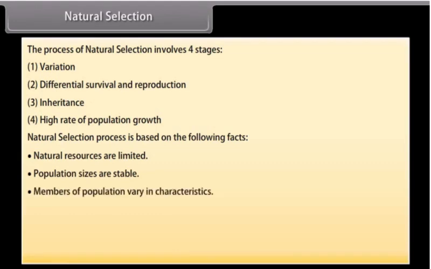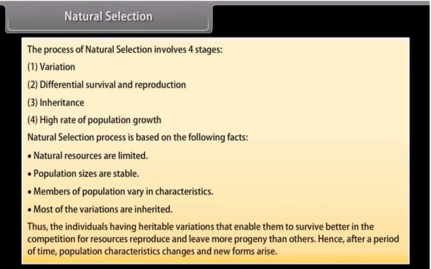Members of population vary in characteristics. Most of the variations are inherited. Thus, the individuals having heritable variations that enable them to survive better in the competition for resources, reproduce and leave more progeny than others. Hence, after a period of time, population characteristics change and new forms arise.